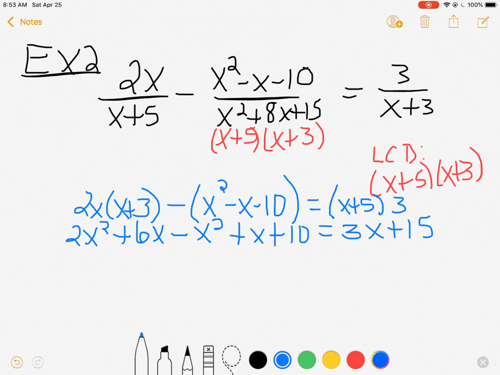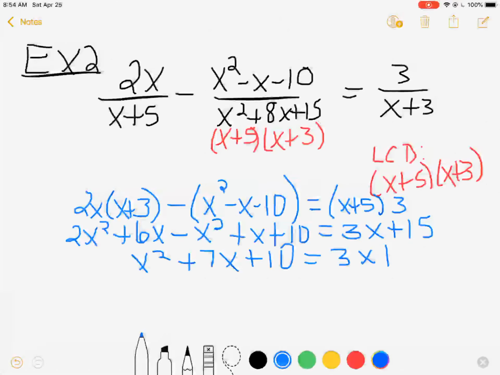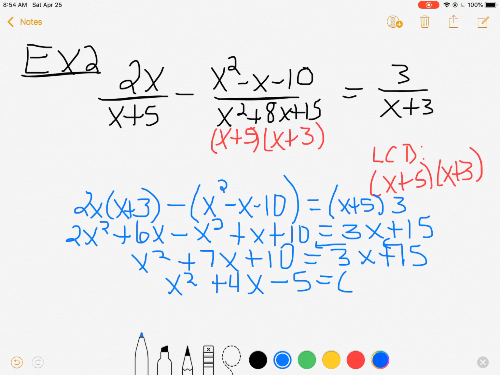Collecting like terms, I get x squared plus 7x plus 10 equals 3x plus 15. Anytime you have a quadratic, you need a 0 here, so let's move these over. And I get x squared, I'd subtract 3x, and I'd get 4x. I'd subtract 15, and I get minus 5.